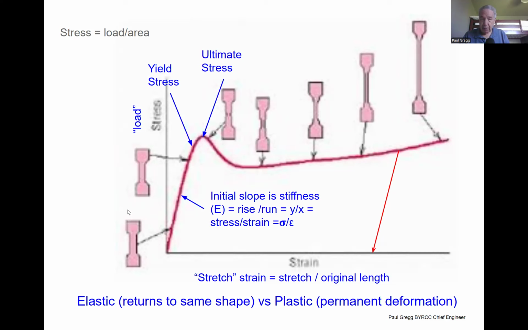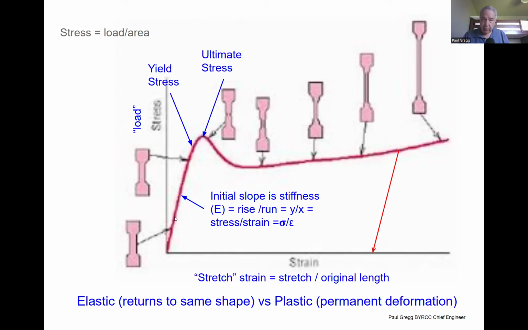This is a typical stress strain curve. So there's stress on the x-axis and strain on the y-axis. Stress is a measure of how much load it can take before it breaks. Strain is how much it stretches. Those are very important concepts.